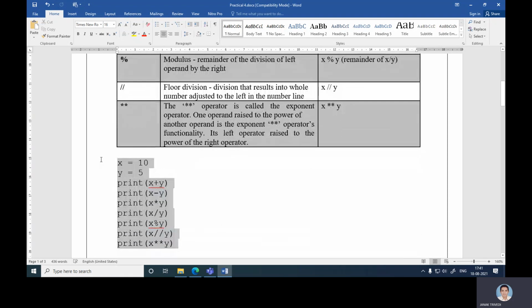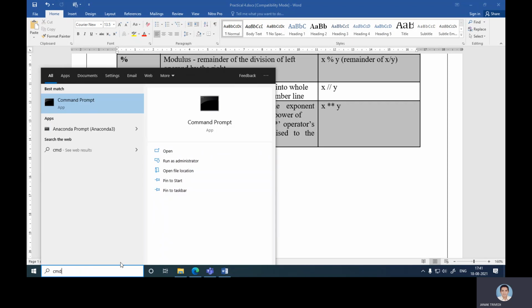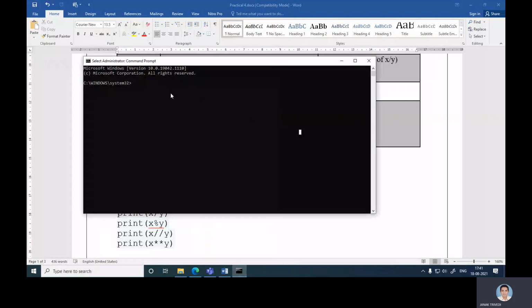So this is the example that we'll discuss with the help of Jupyter Notebook. For that, first you have to open command prompt. Now click Jupyter Notebook. If you have not installed Jupyter Notebook, then kindly see the earlier video, the process is already explained. Then click here.